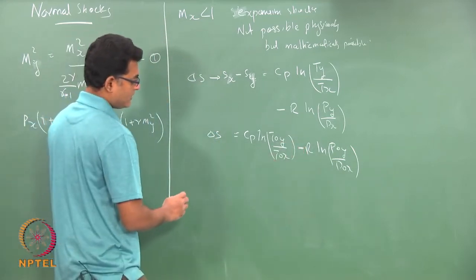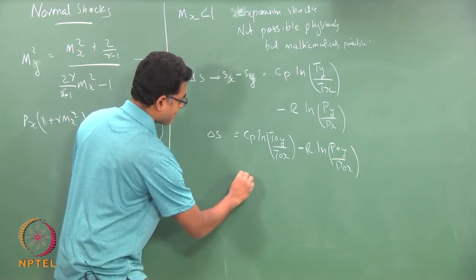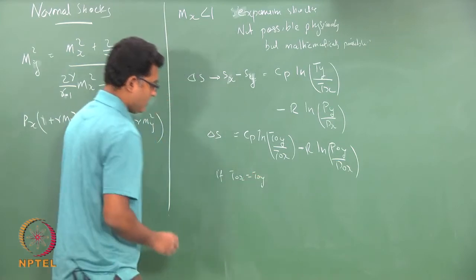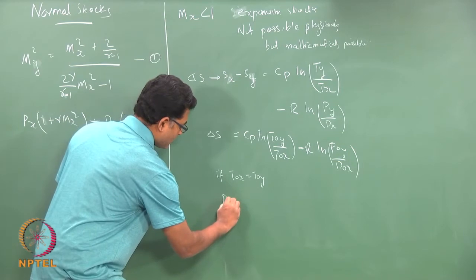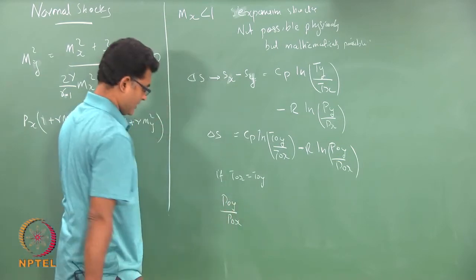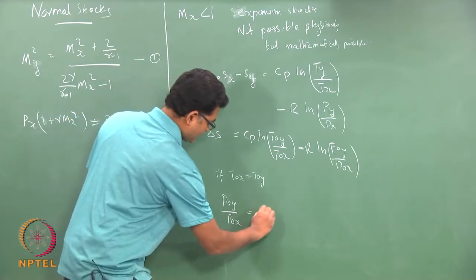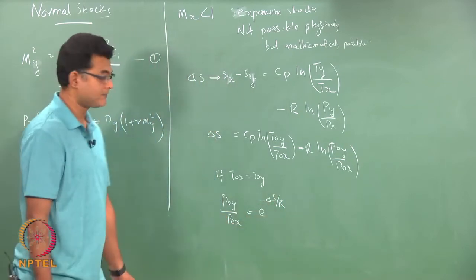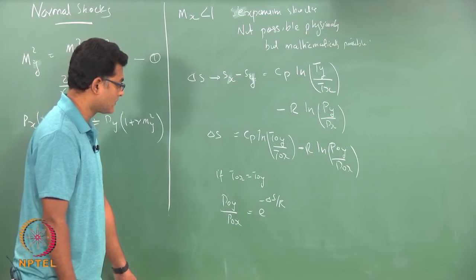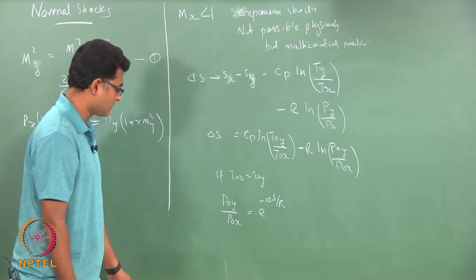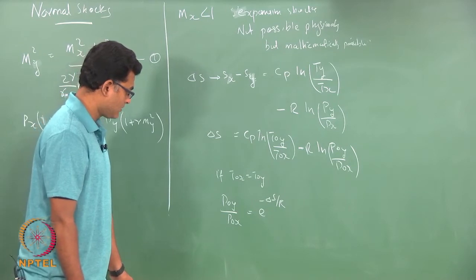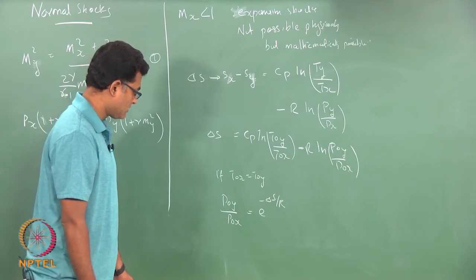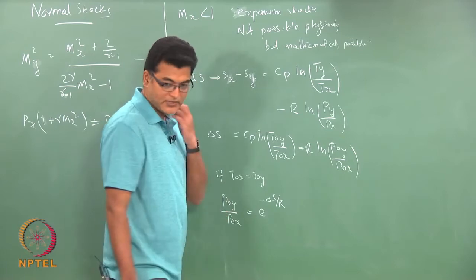Which we had seen to be, if T0x equals T0y, P0y by P0x is e power minus delta S by R. Which we can write in terms of Mach number.